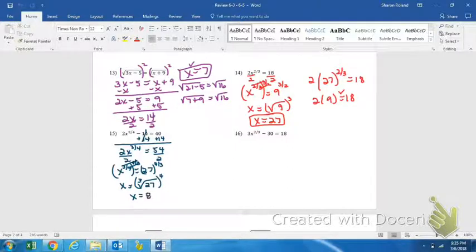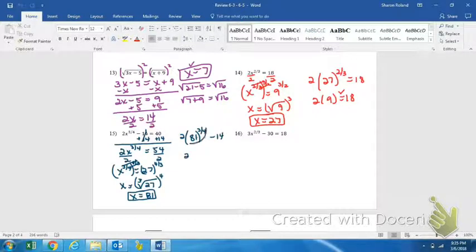X is 81. I don't have a calculator with me right now, but if you put into the calculator 27 to the exponent 4/3, you will get 81. If you plug 81 back in, you would have 2 times 81 to the exponent 3/4 minus 14.